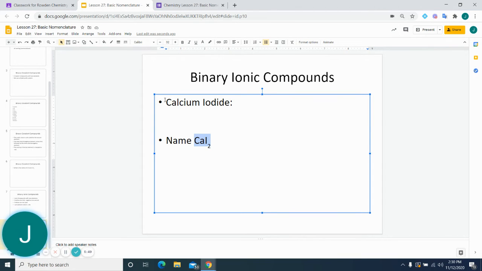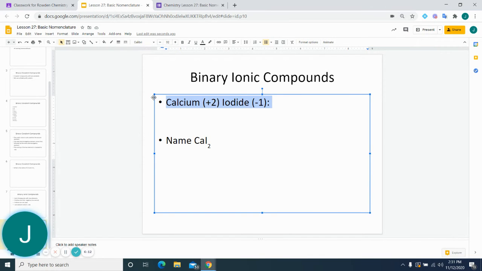You'll look in the periodic table, you'll look at calcium, you'll see it's in the second column, so calcium has a charge of +2. And then you look at iodine, it's in group 17, so it has a charge of -1. And you'll go, okay, if calcium is +2, iodine is -1, how do these balance out? I need to have two iodines to balance out the calcium, so CaI2. So that's how you'll do it.